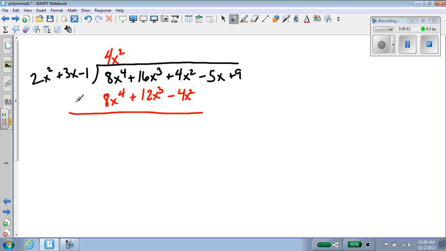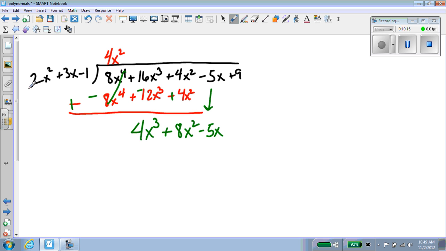Draw a line and subtract, which means I add the opposite. These cancel. I have 4x to the third plus 8x squared, bring down minus 5x.